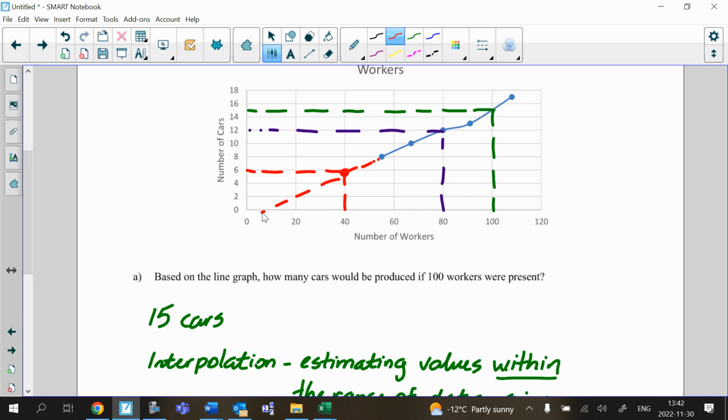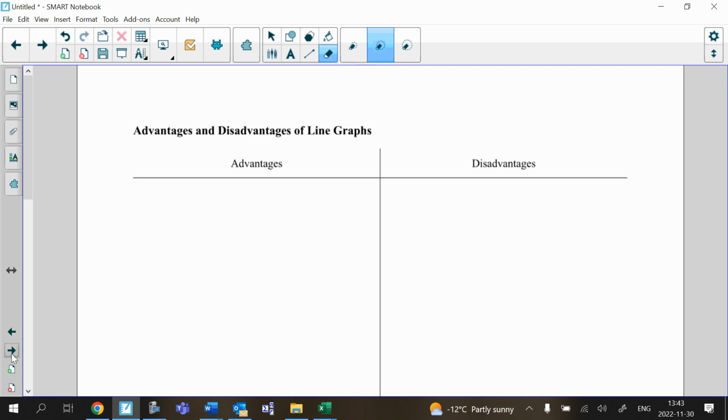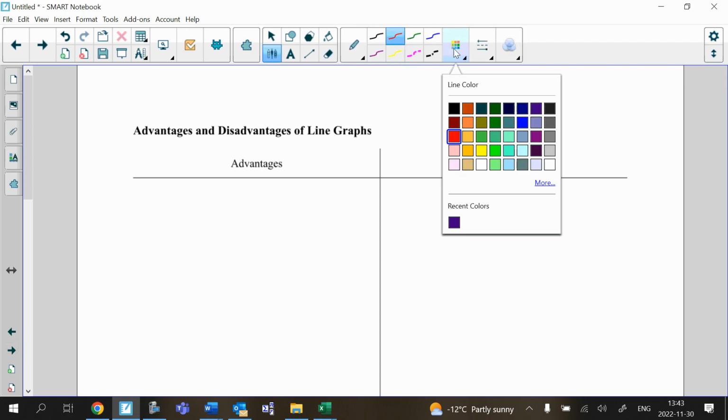And finally, with all the graphs that we've looked at, it'll be 4 graphs, basically 2 for discrete, 2 for continuous, we have our advantages and disadvantages. So an advantage, like with bar graphs, is that it's easy to compare more than one set of data.